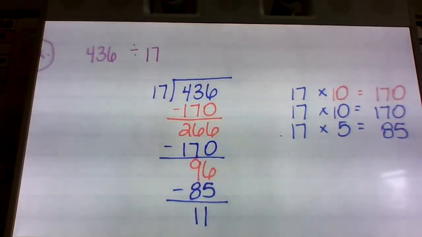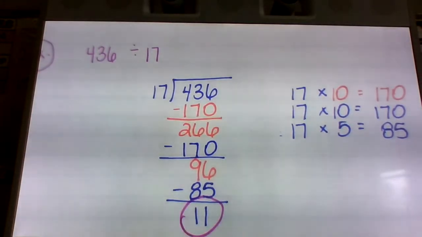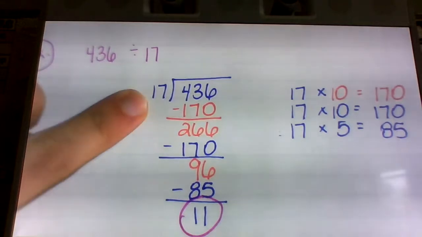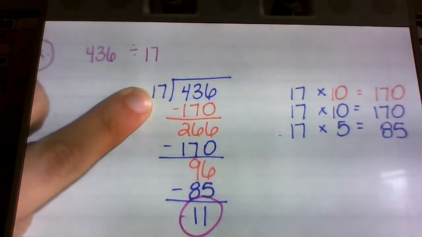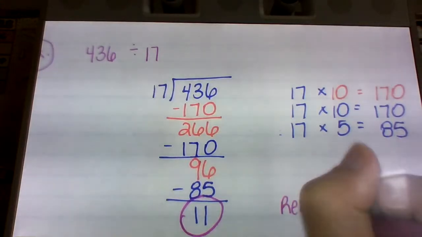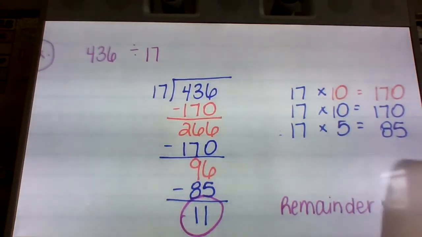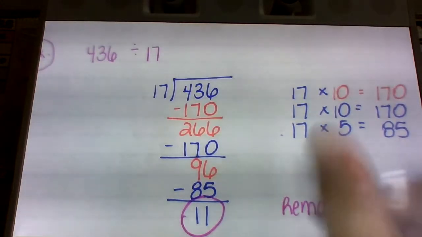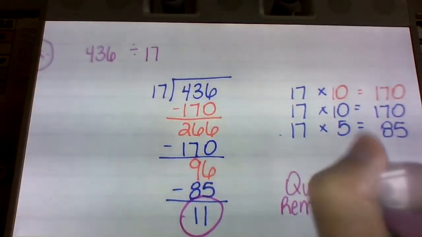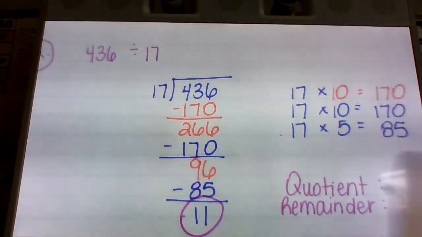Now parents, I am going to stop here because my remainder is now less than the divisor. So in this problem, we know the remainder is what's left over, and that's 11. But you might be asking, okay, Mrs. Bowers, but what's the quotient? What is the actual answer?